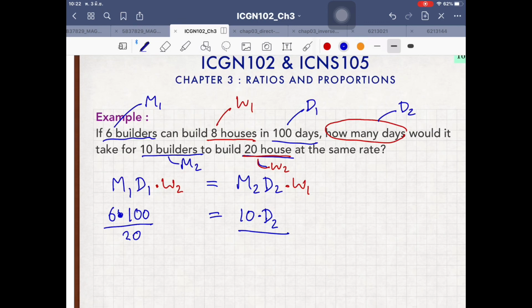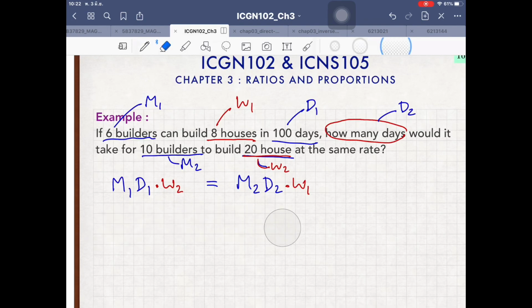All right, but on the right side, I'm sorry, I got the wrong formula. Now we use the second form of the formula. We don't have the fraction term. All right, so let's do it again. Here, M1 is 6 builders or 6 workers or 6 men.